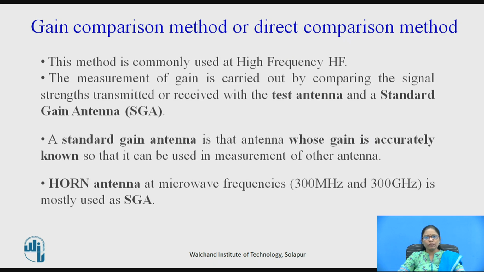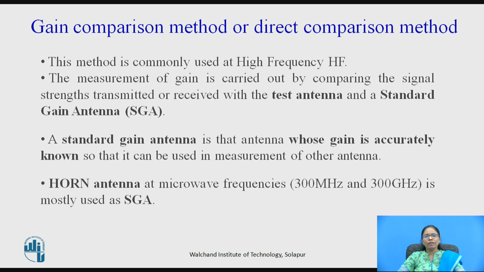This method is commonly used at high frequencies. The measurement of gain is carried out by comparing the signal strength transmitted or received with the test antenna with that of the standard gain antenna. Now, what is the standard gain antenna?